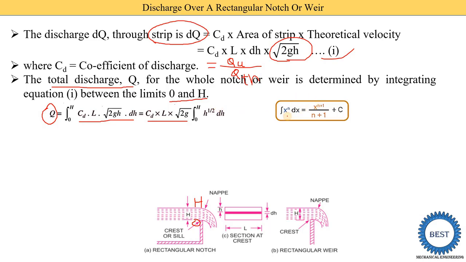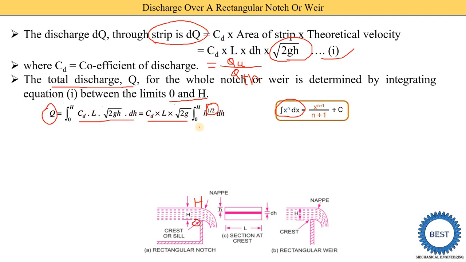The simple rule for this integration is: to integrate x raised to n into dx, the power is increased by 1 and we divide by the new power plus 1. Here h raised to 1/2 is there, so instead of h raised to 1/2 we write h raised to 1/2 plus 1, divided by 1/2 plus 1, where n is equal to 1/2.